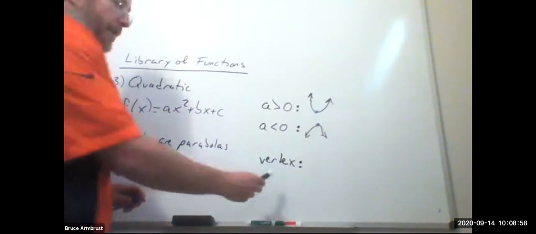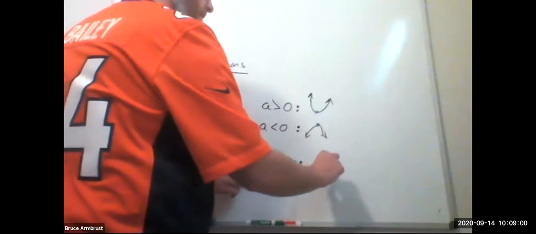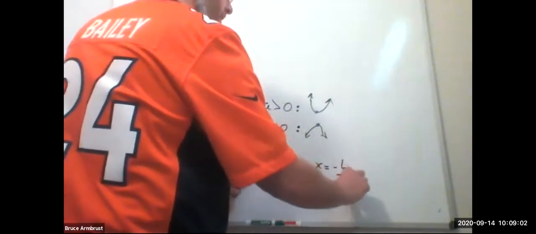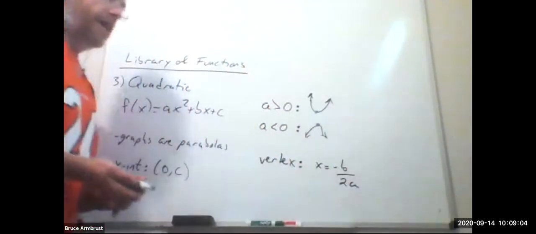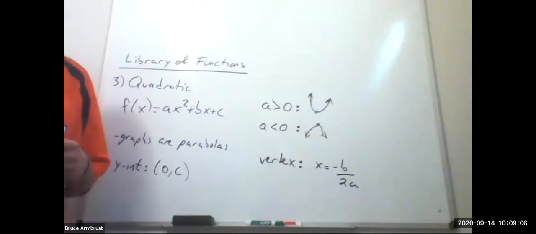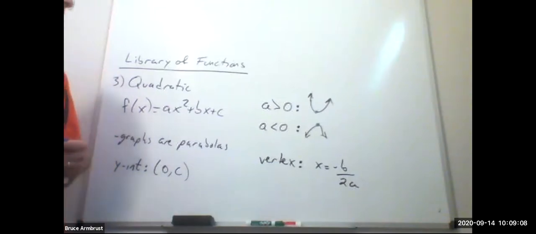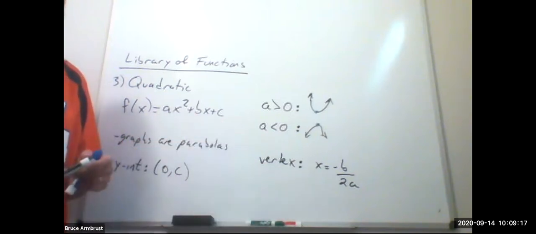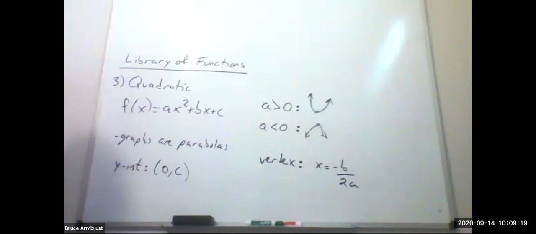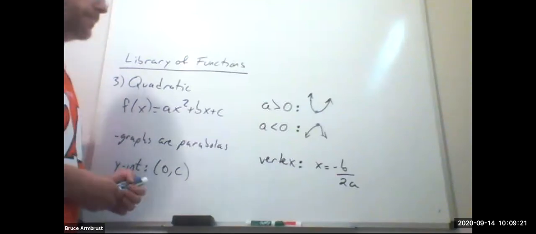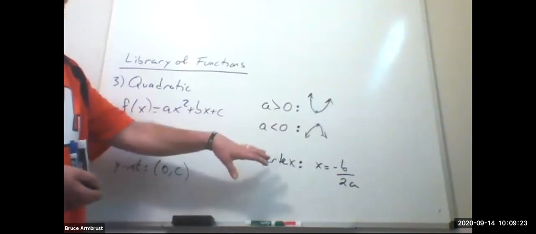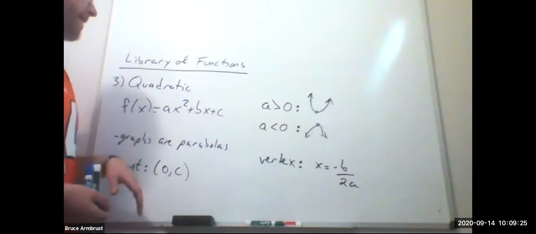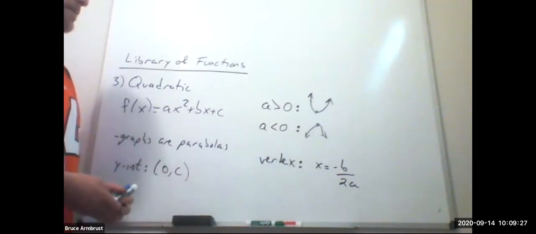And the easy way to get the vertex is to look at negative b over 2a, and that'll get you the x coordinate. You can then get the y coordinate by plugging that in. So this will get you all the important information if you want to draw its graph. It's pretty quick and easy.